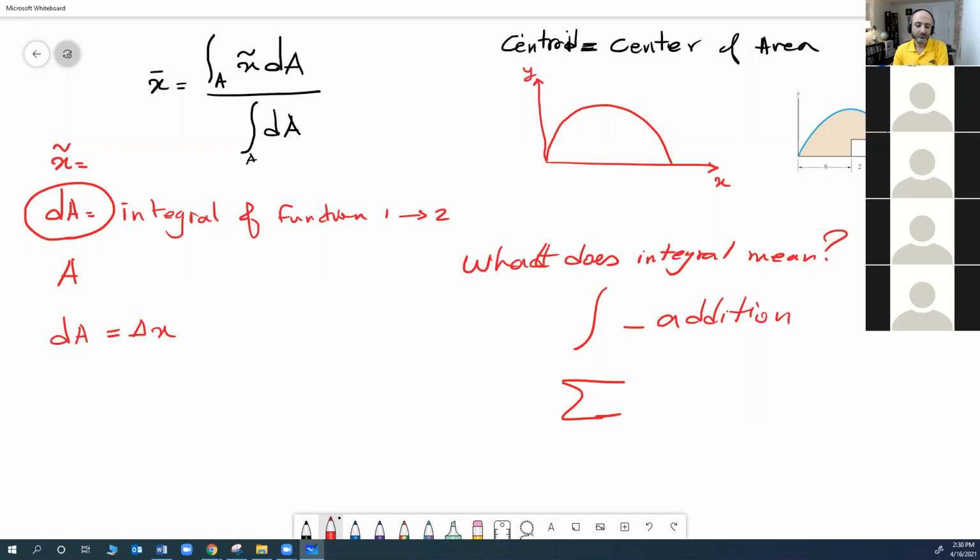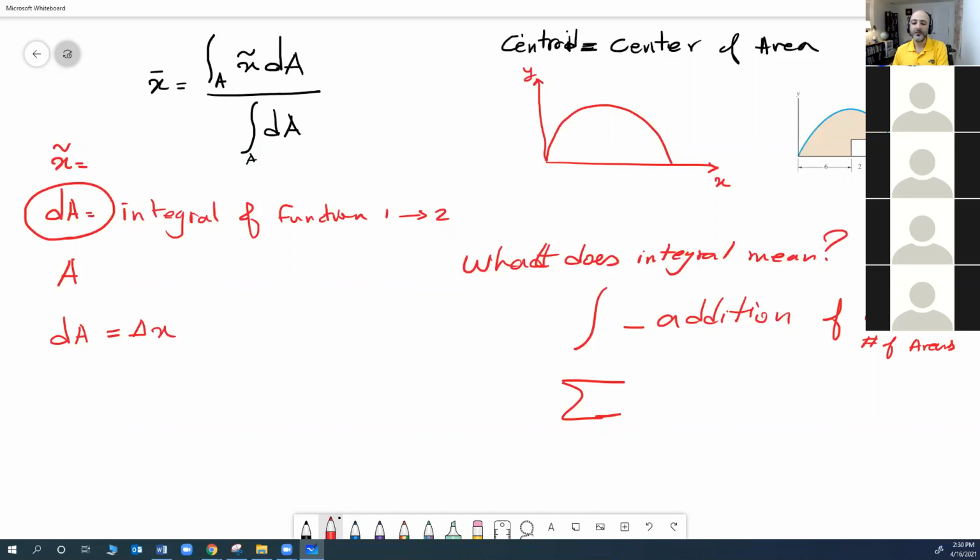On the integral, you're summing an infinite amount of areas. Okay, and you said a word that made me kind of happy: infinite number of areas, right? Again, I didn't want to focus on area, but you're correct.